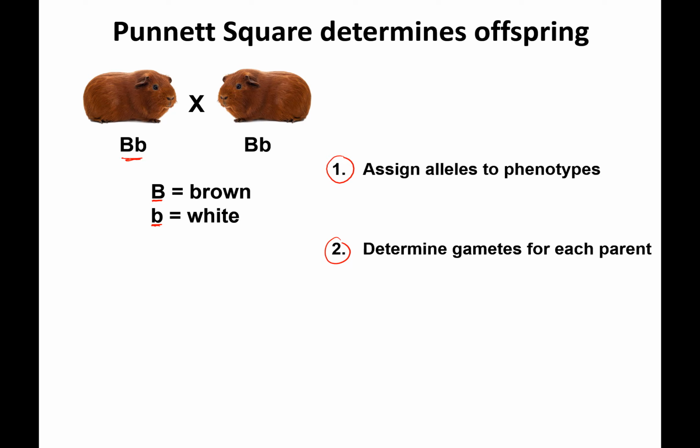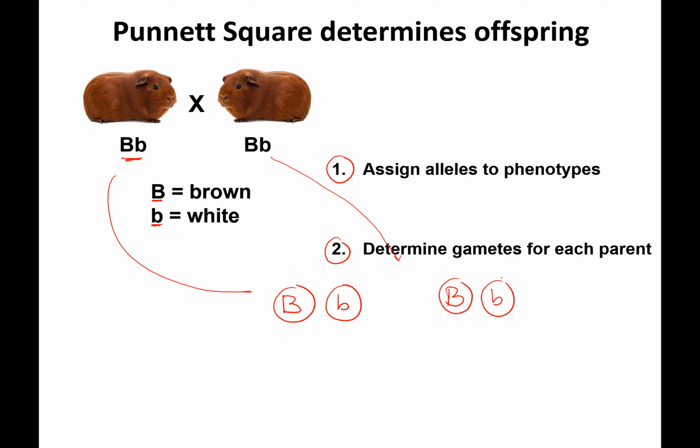So this parent can produce a big B and a little b gamete, because I'm doing law of segregation, and this parent can also produce a big B and a little b gamete. Okay. I personally always circle my gametes just to keep track and know that they're gametes.